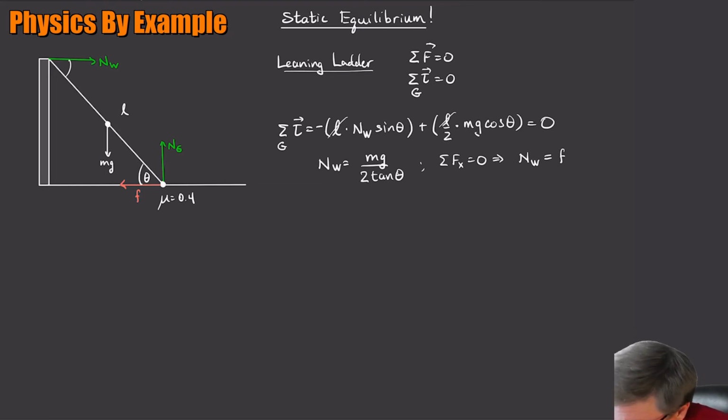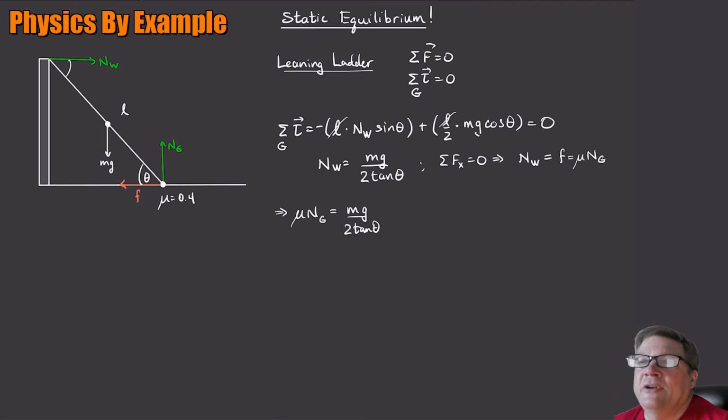And our frictional force is just mu times N_g. Okay, so I'm going to substitute N_W in over here: mu times the normal from the ground equals mg over 2 tangent theta.